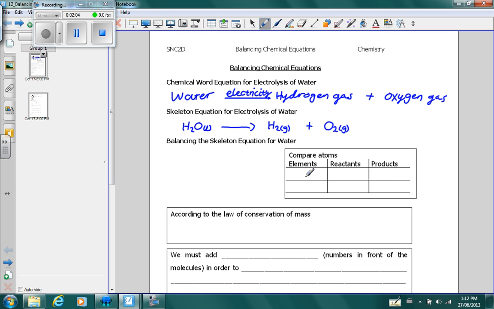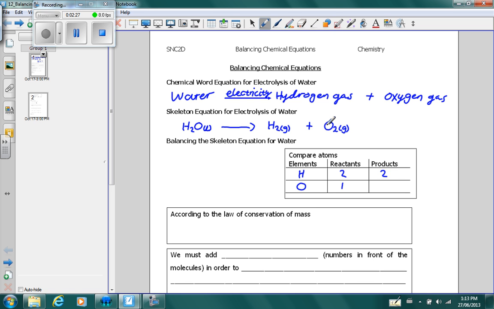So if I look at my little chart here, I've got hydrogen and then I've got oxygen. On the reactant side I have 2 hydrogens and I have 1 oxygen. On the product side I can see the 2 hydrogens, and I've also got 2 oxygen atoms.